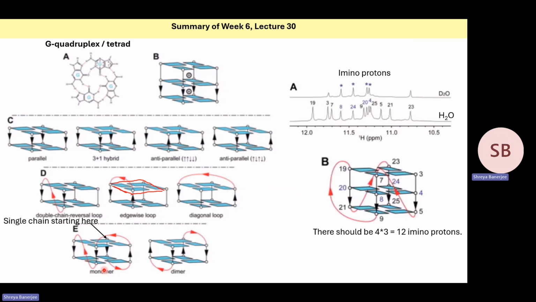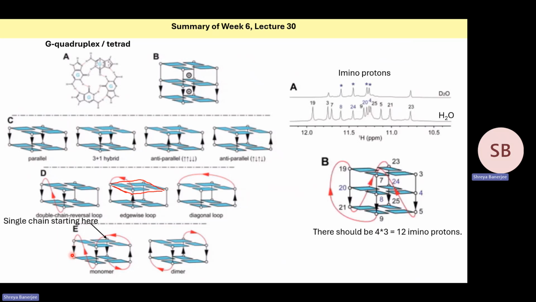You can also have a single chain, so instead of 4 strands, it is just 1 strand. Suppose we start the strand from here. You come here, there is an edgewise loop connecting here. From here, there is another edgewise loop connecting here. From here, there is a double chain reversal loop connecting here.